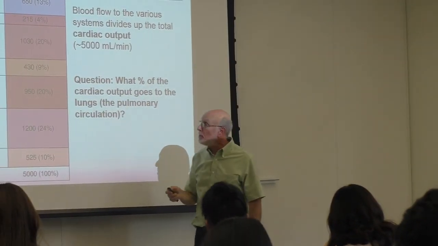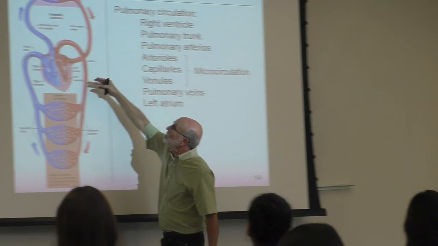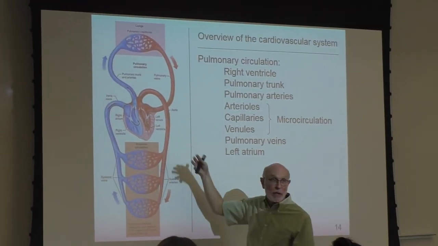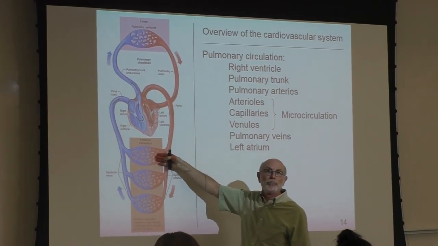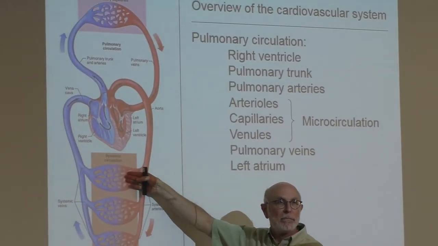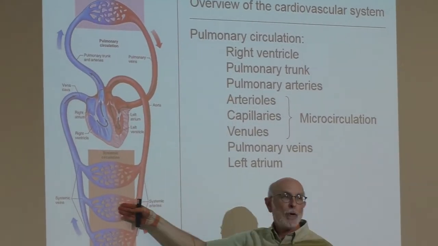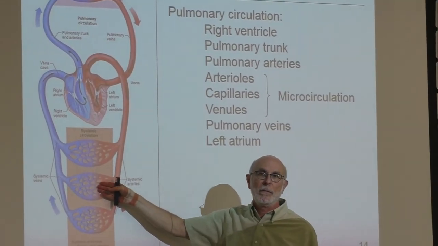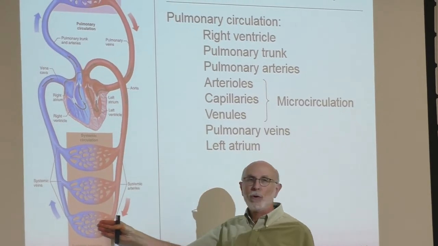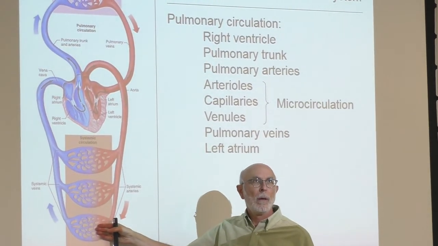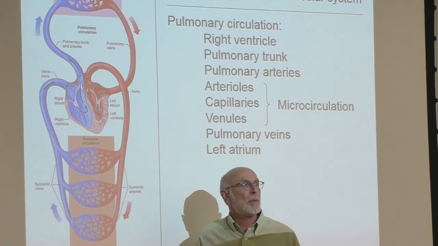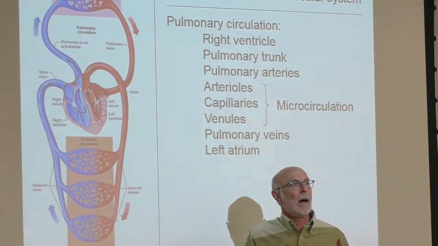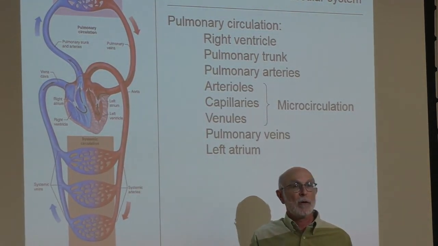And then that blood, some of it goes to different places, right? So some of it goes to the digestive tract. And some of it goes to the skeletal muscle. And some of it goes to the kidneys, right? So each of these areas is supposed to illustrate a different area that the blood is going to. It's divvied up.